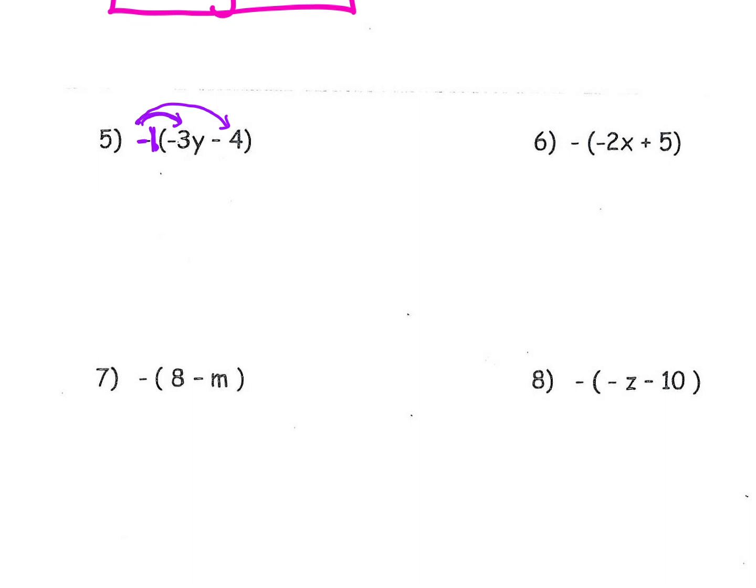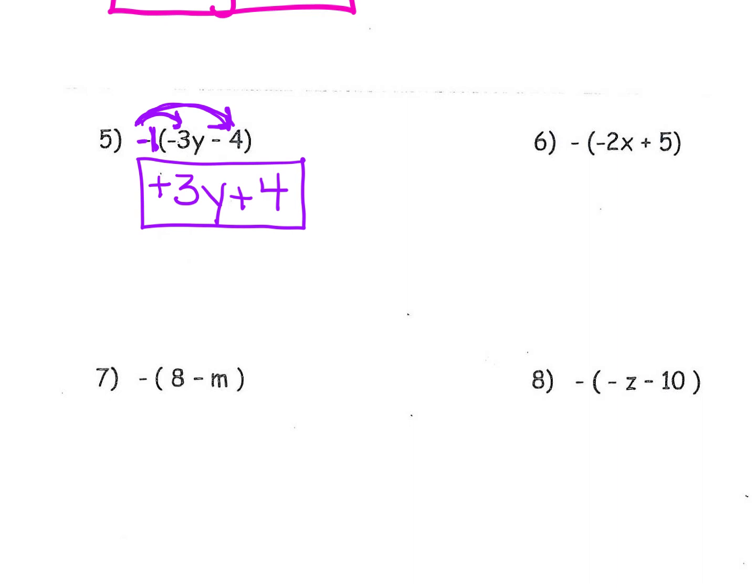So here we go. -1 times -3y gives us a positive 3y. And -1 times -4 gives us a positive 4. Easy. 3y plus 4.